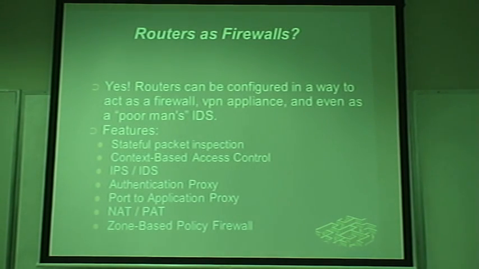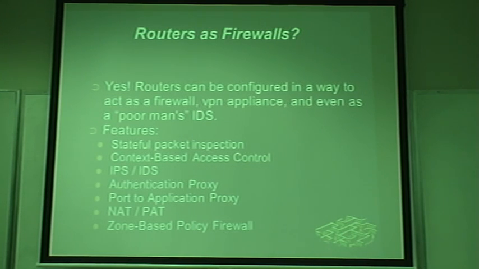So, routers as firewalls. Yes, routers can be configured to act as a firewall, a VPN appliance, and even as what we call a poor man's intrusion detection system. It has stateful packet inspection, which we're going to talk about a little later, and that's a key piece of the lecture tonight.